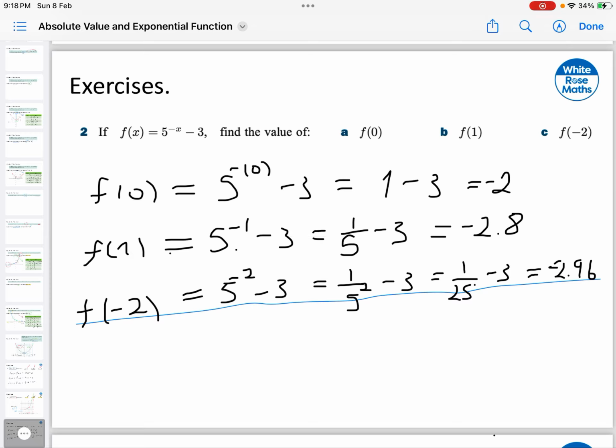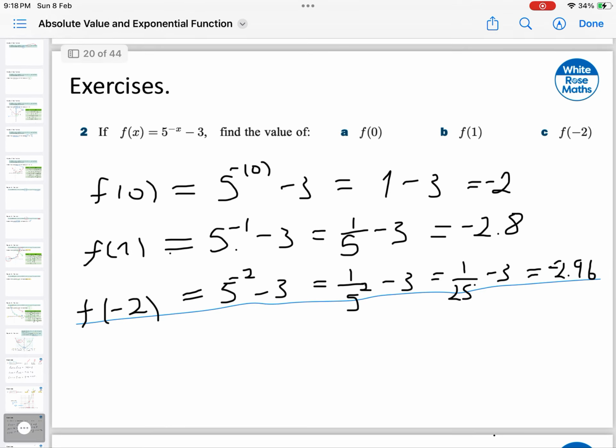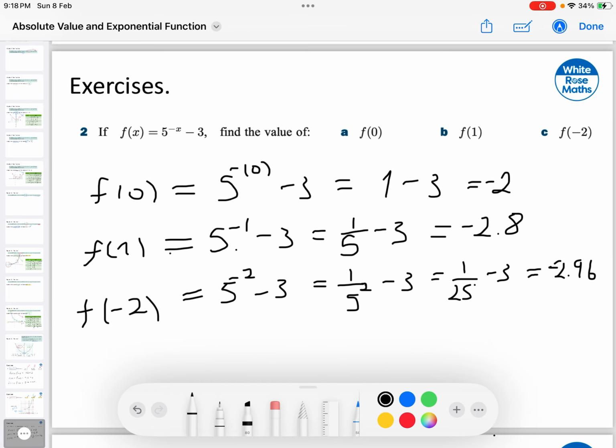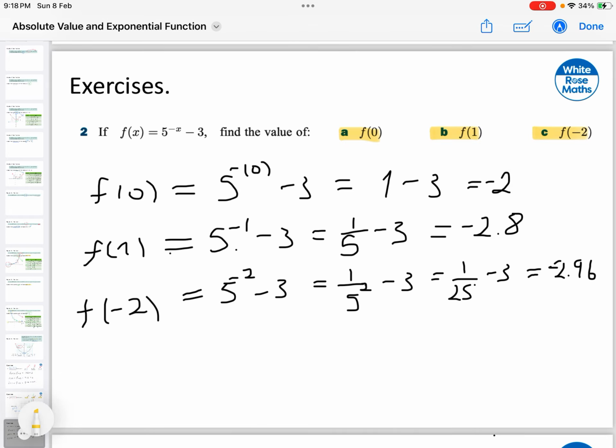Okay. Now once again, the whole idea is that you first find what is the corresponding answer for each one of those three. So we found the answer of each one of those three. And now that we have the answer, you can use your graphic calculator.